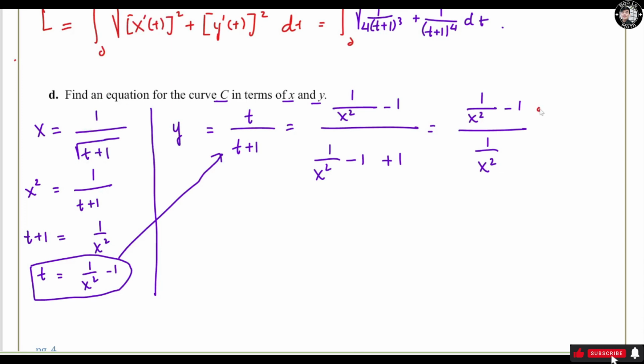Now you're going to multiply the top and bottom by s squared. So this cancels out, this cancels out, so it could be 1 minus s squared, right? Then you need to put y right here, and this is the final answer.